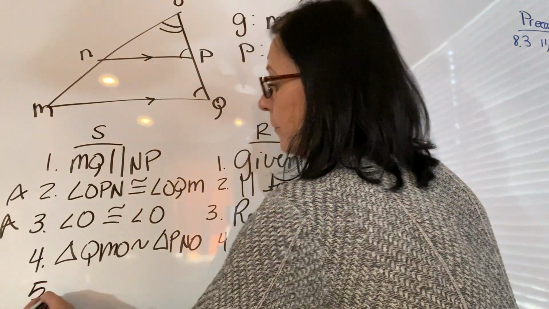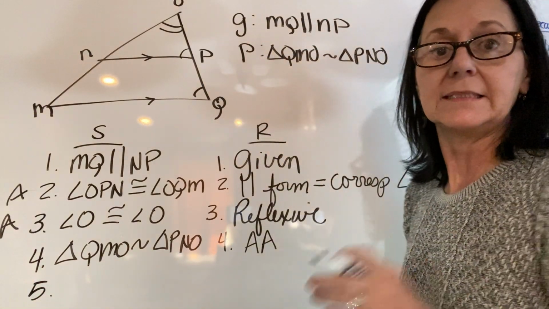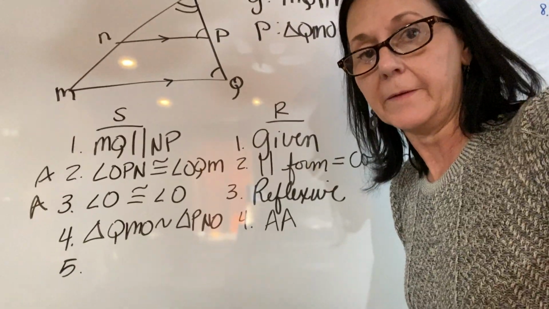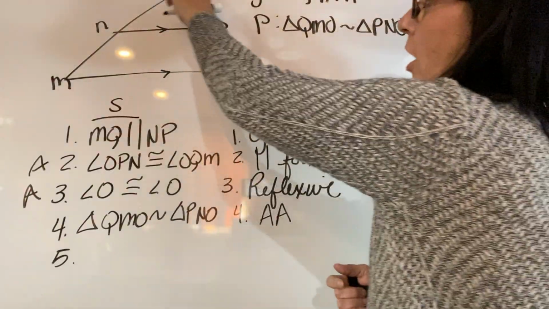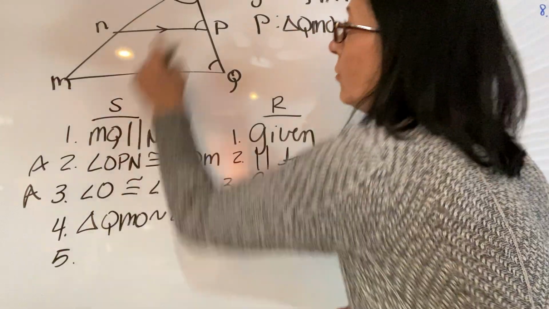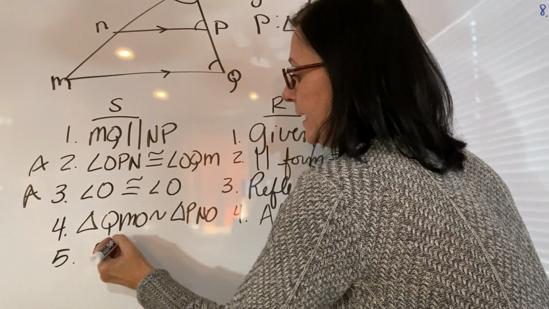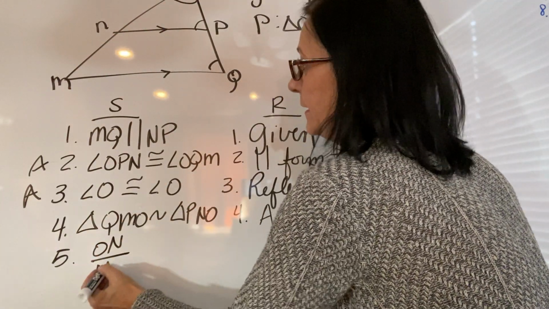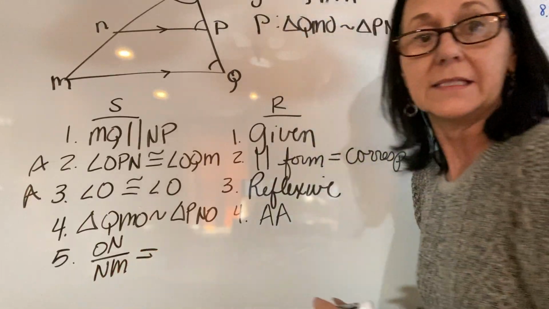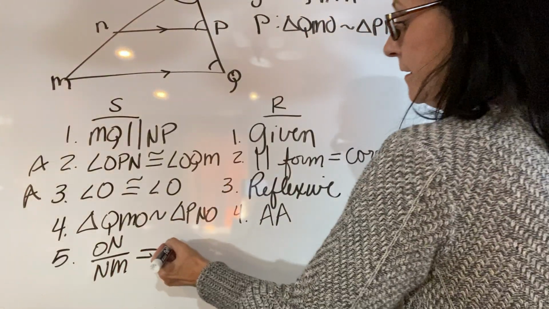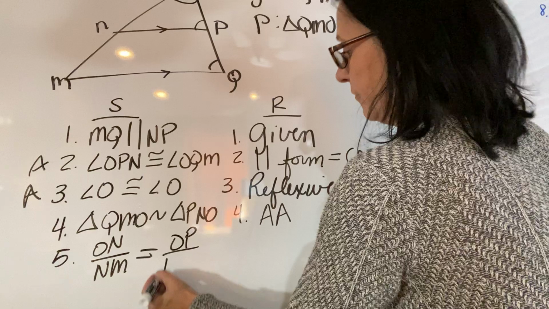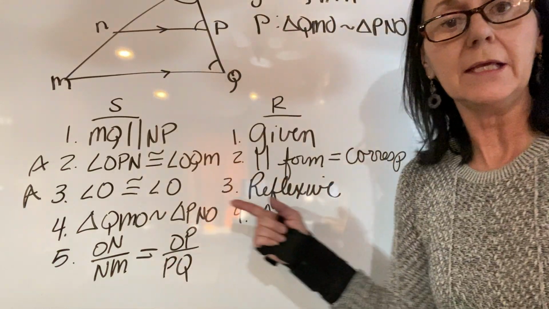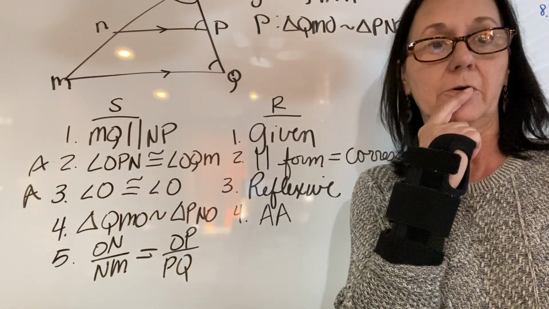Let's just write a proportion. I could say that ON over NM is equal to the other side, OP over PQ. I can write any ratio.